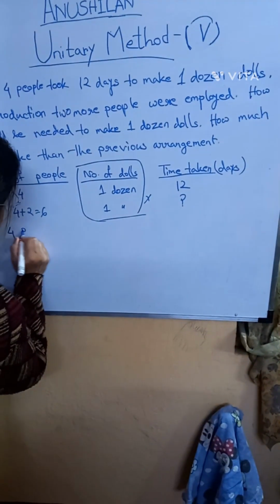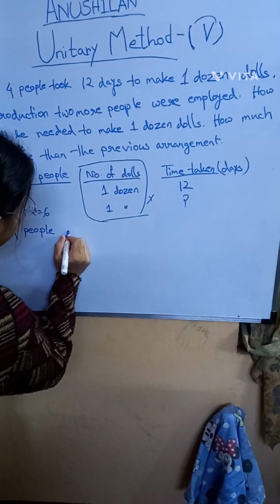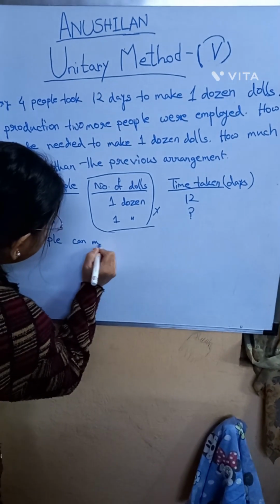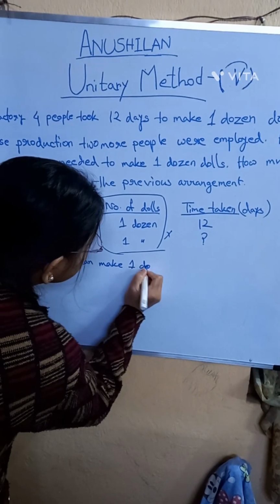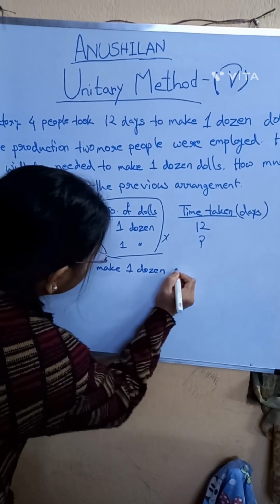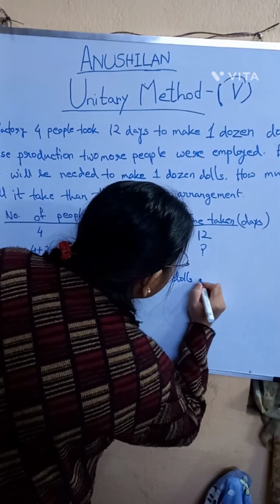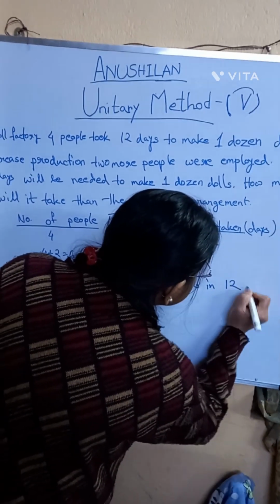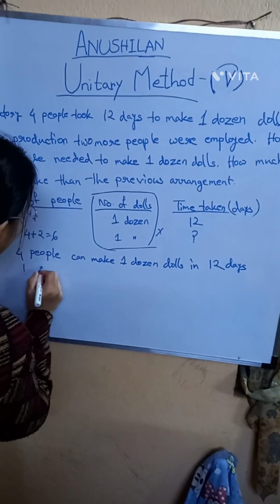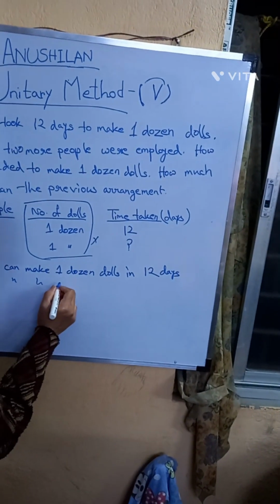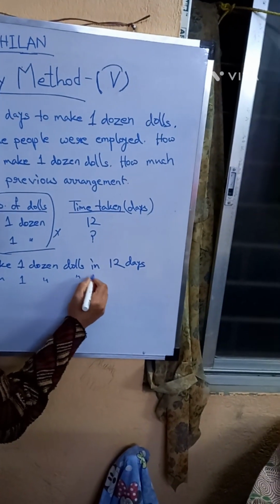4 people can make 1 dozen dolls in 12 days. 1 person can make 1 dozen dolls in how many days?